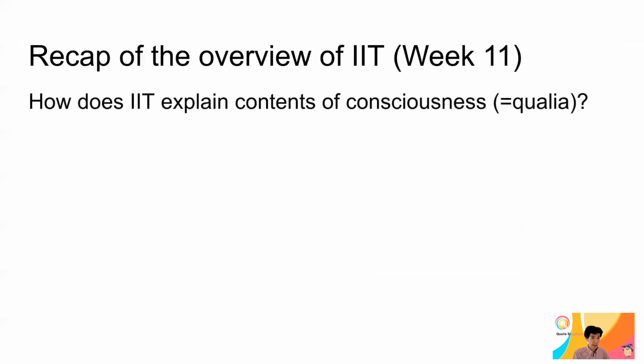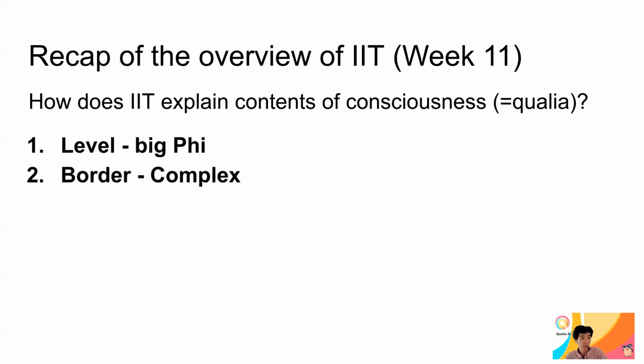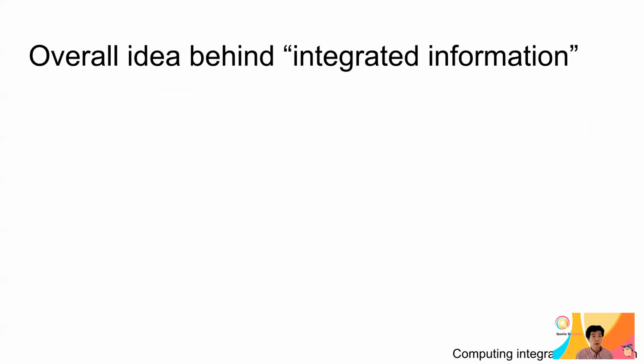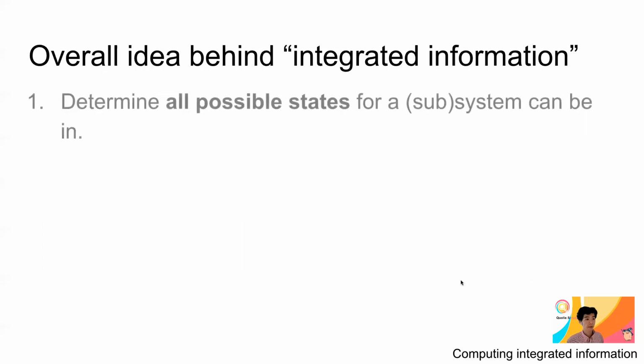As a recap of the overview of IIT, it goes from the level of consciousness, identified as big phi, then the border of consciousness as a complex, and finally qualia, a connected structure of small phis, or small integrated informations. Another recap of the overall idea behind integrated information is as follows.